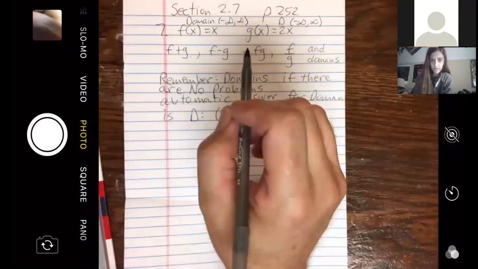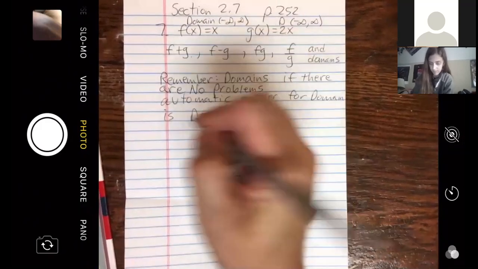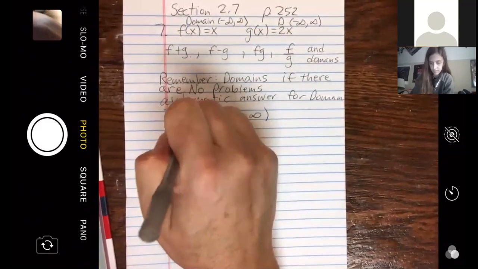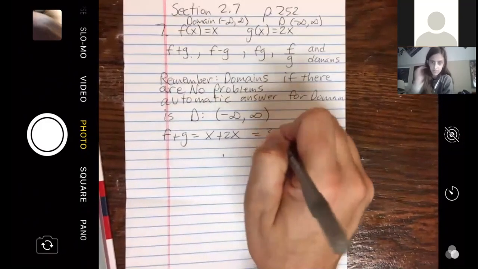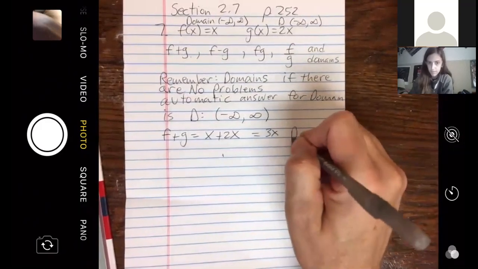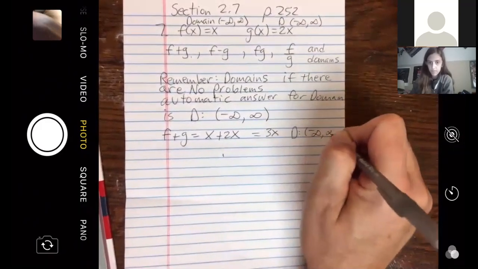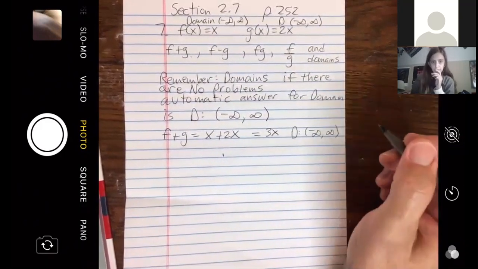So all they're really asking you to do on this first one is simply add them. F plus g would just take x, add 2x, and you would get 3x. That doesn't create any problems, so its domain is negative infinity to infinity.